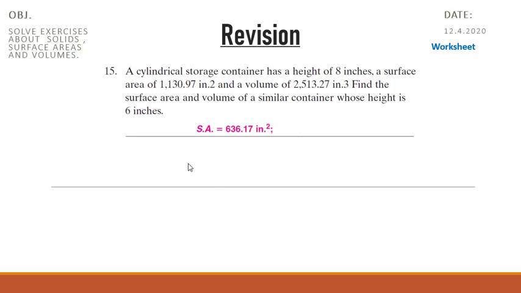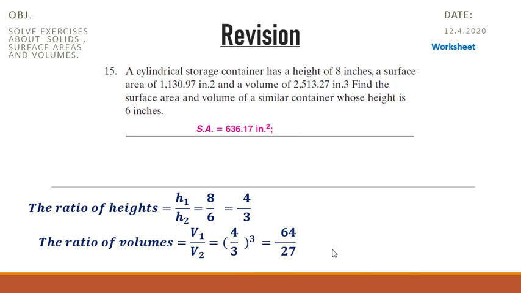Guys, in the volume we have also the ratio. Okay, are you here? Yes. So, the ratio of volumes. What's the ratio of volumes? 4 over 3 cube. Great. And of course, we will use this ratio, which is 64 over 27, and the given volume to find the required volume.